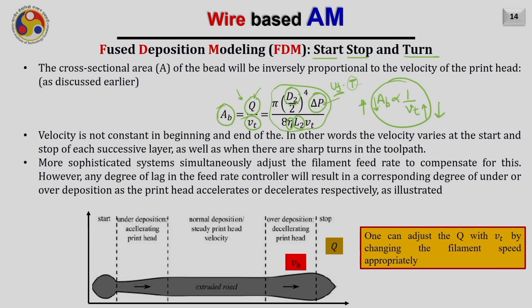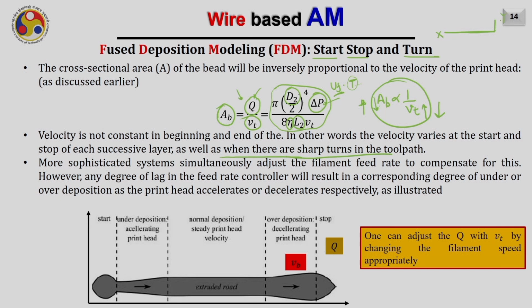Now what happens? The velocity is not constant at the beginning and end of the process. In other words, the velocity varies at the start and stop of each successive layer, and the same thing occurs when there is a sharp turn in the tool path. For example, when you are depositing material in one direction, only the X motor is working, and then you suddenly take a turn perpendicular to this motion.